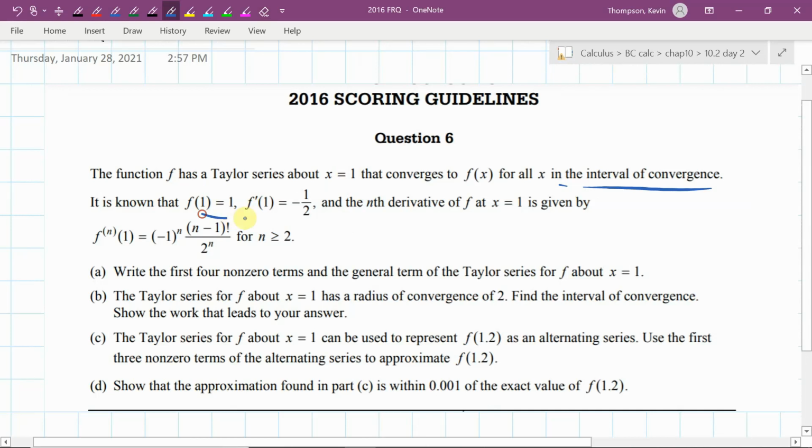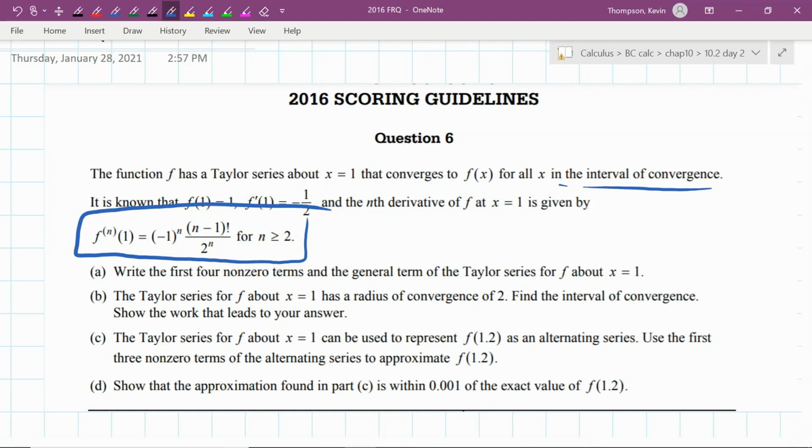It's known that f of 1 is a half and f prime of 1 is negative 1/2. The nth derivative is given by this. So that's a formula to get the second derivative, third derivative, and fourth derivative. If I want the second derivative, substitute in 2 for n, and third derivative, and so on. Okay? So write the first 4 non-zero terms.